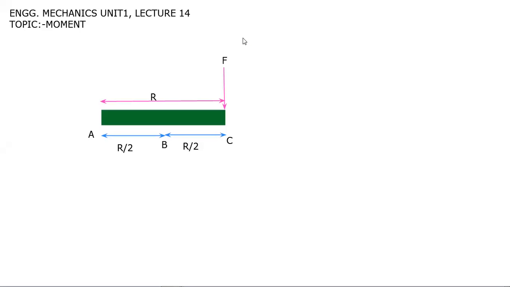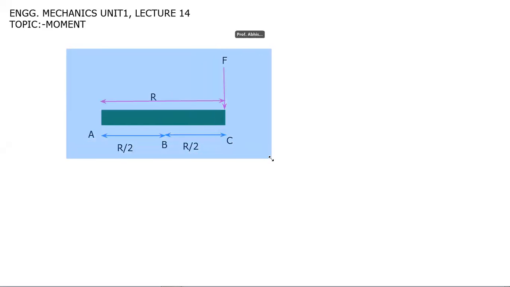Now let's consider one example. Here you can see that a force F is acting at the point C on a beam. This is a horizontal, rectangular object; we call it a beam.